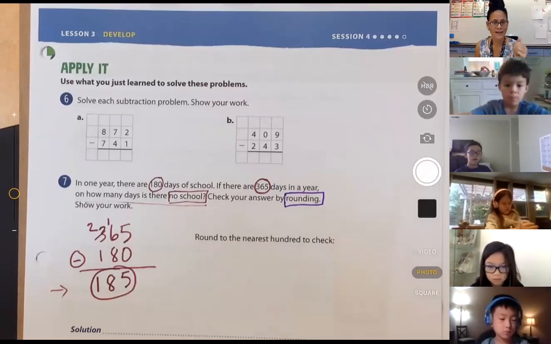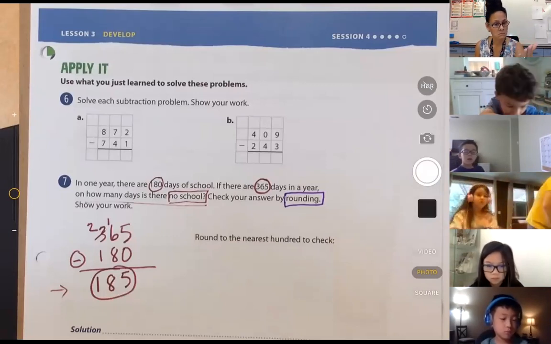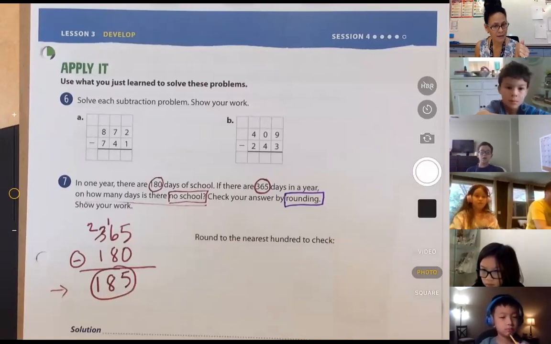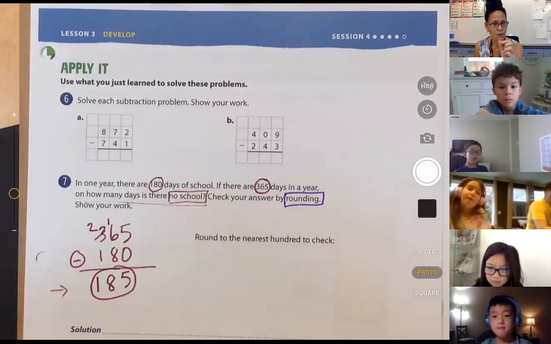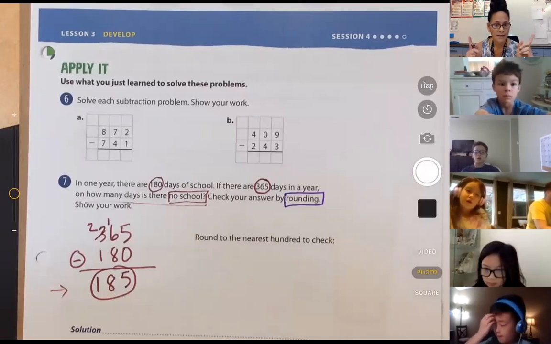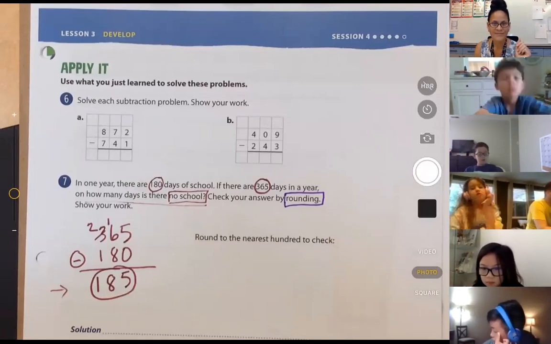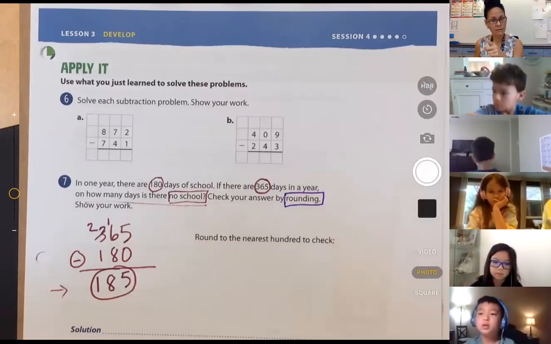So the third grade math answer, 185. The fourth grade answer, there are 185 non-school days each school year. Complete sentence. Does that make sense to everyone? All right, but we're not done. There's more.